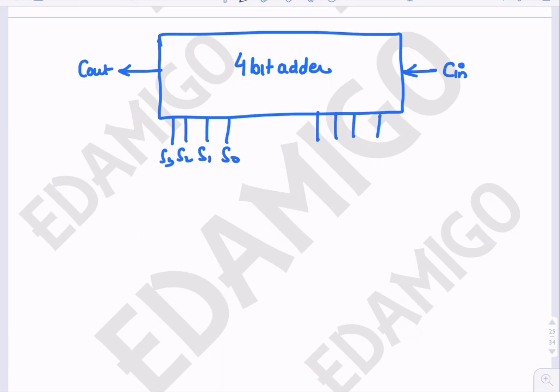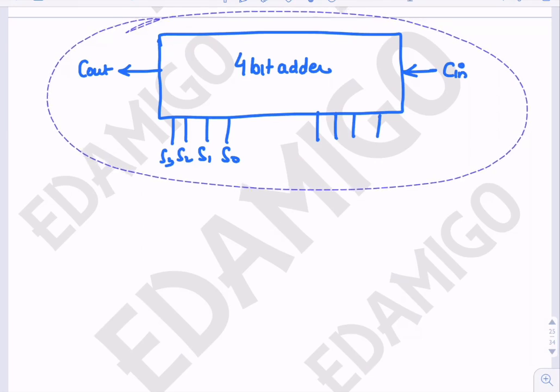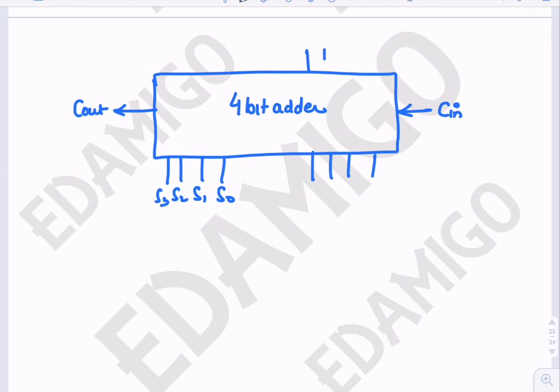So the two inputs are A3, A2, A1, A0 and B3, B2, B1, B0. Now since the inputs are in 2's complement, there are 4-bit inputs.